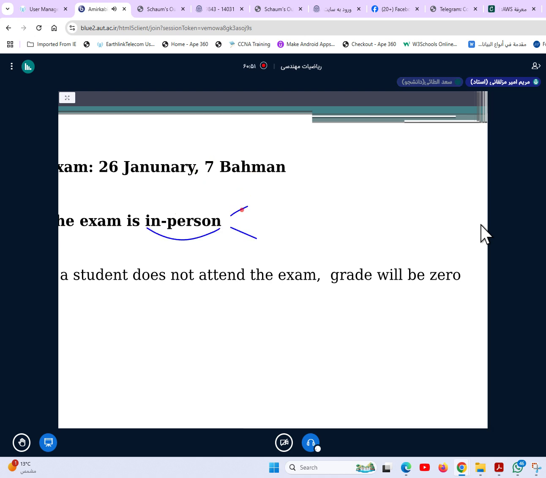You have two parts for this exam: linear algebra and probability.